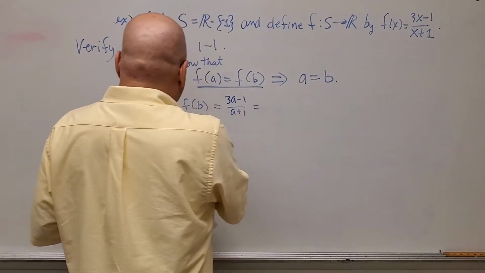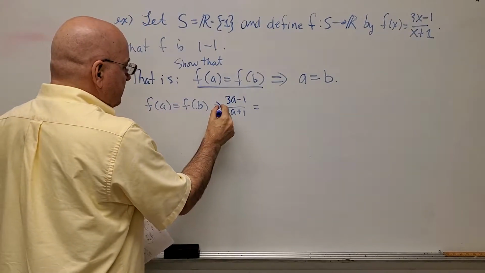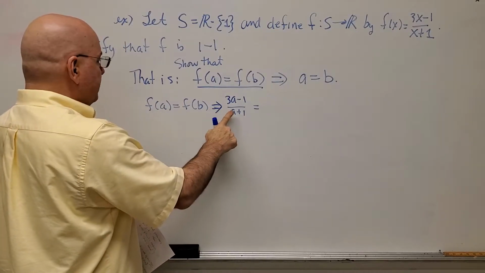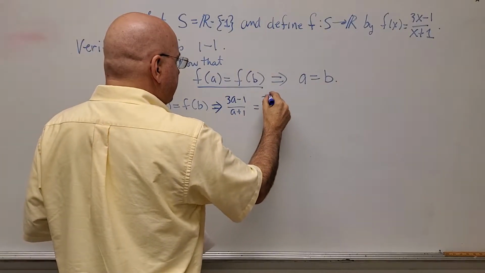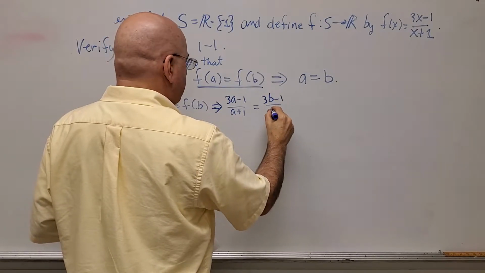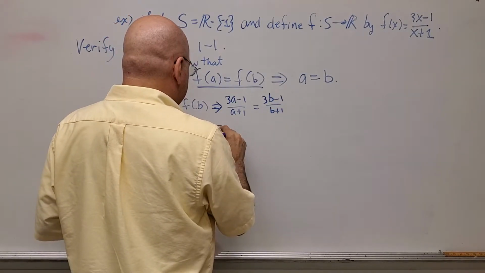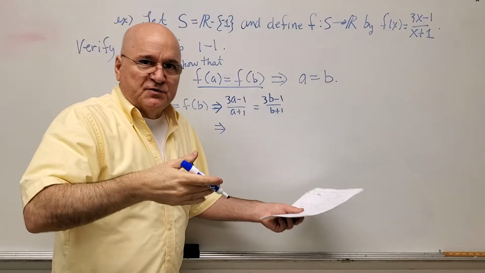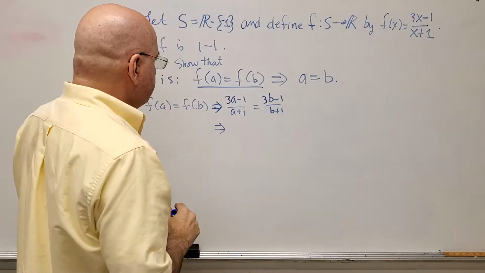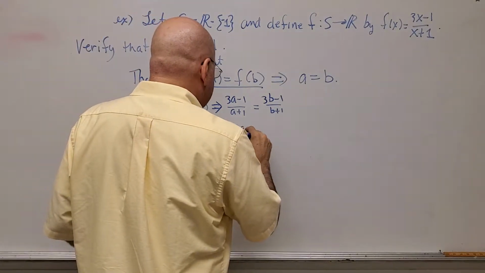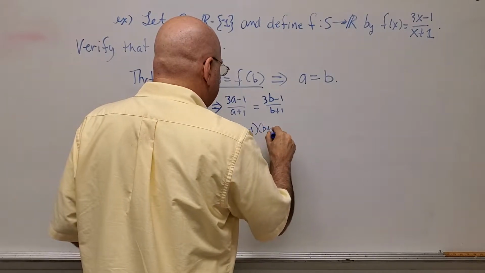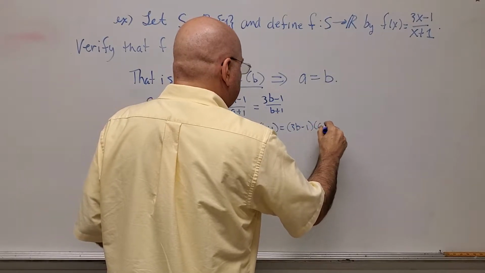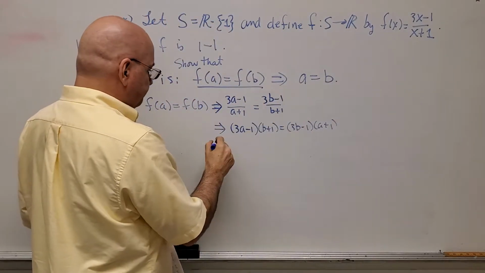And if f of A is equal to f of B, that implies this is f of A, and here's f of B. And just using some simple arithmetic, when you have a fraction equal to another fraction, you know the cross products are equal. So 3A minus 1 times B plus 1 is equal to 3B minus 1 times A plus 1. The cross products are equal.